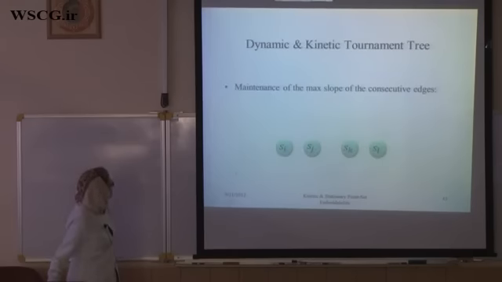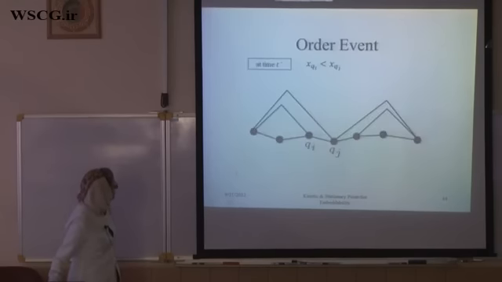So, okay, we maintain dynamic kinetic tournament trees about the slopes of the edges involved. And here's an event where something happens. The critical event, where we have to make a change, is if 2 points that are moving change their x coordinates.